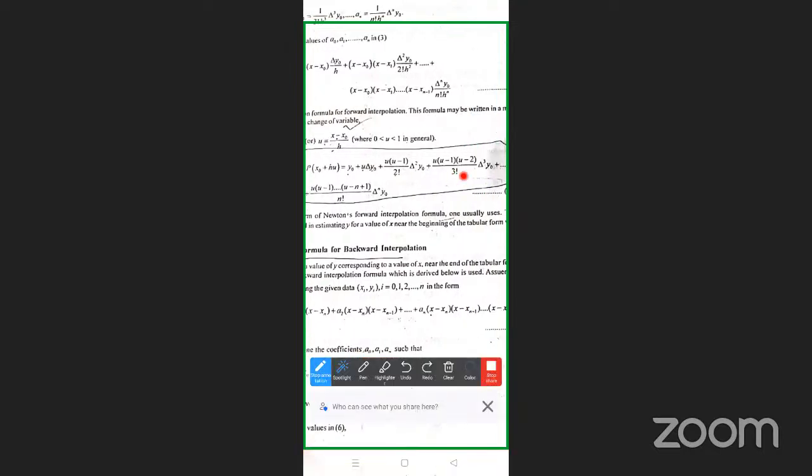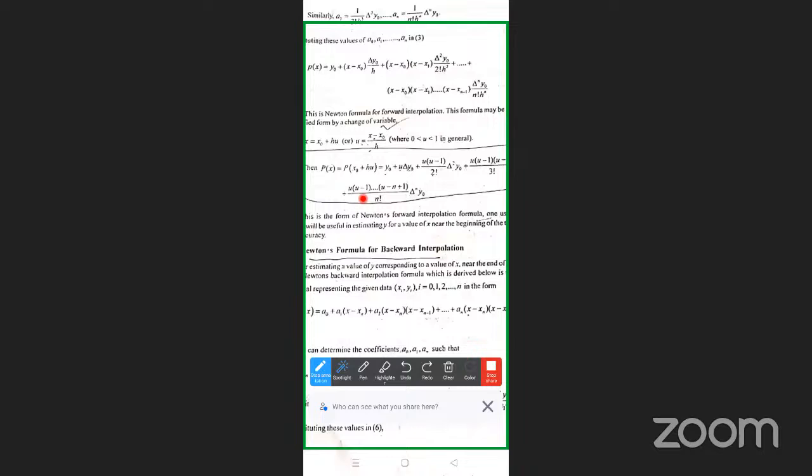So Newton's forward difference formula: y naught plus u into delta y naught, plus u into u minus 1 by 2 factorial into delta square y naught, plus u into u minus 1, u minus 2 by 3 factorial into delta cube y naught, and so on, up to u into u minus 1 up to u minus n plus 1 divided by n factorial into delta power n y naught.